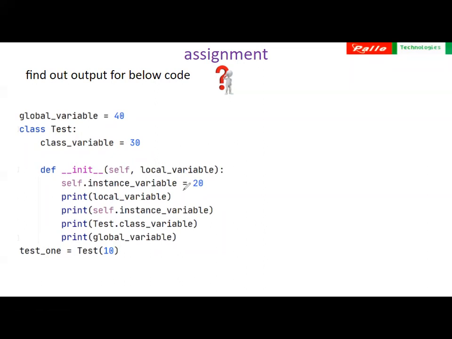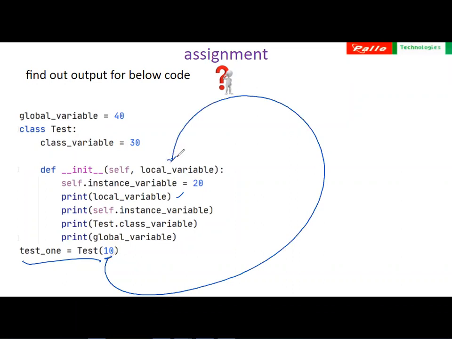First of all, tell me what will be the output of this one. The local variable. When I'm executing this code, test1 is equal to Test, so when I'm creating the object, this particular value will be given for the parameter. Whichever constructor has a parameter, that parameter will receive this value 10. So now the local variable will be storing 10.